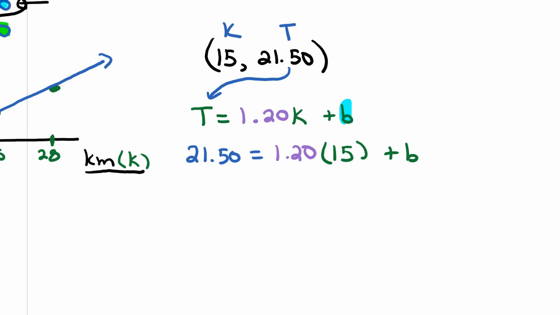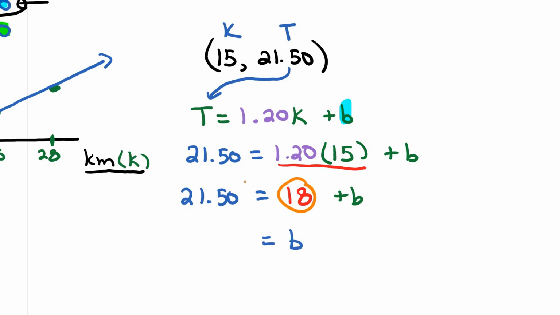If I solve this, it's 21.50 equals, and if I multiply these two numbers together, $1.20 times 15 is 18, plus b. Then I take the 18 and move it to the other side. So that's 21.50 minus 18, which is $3.50.